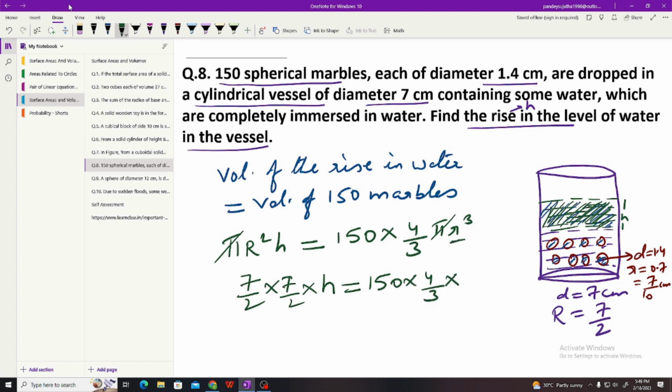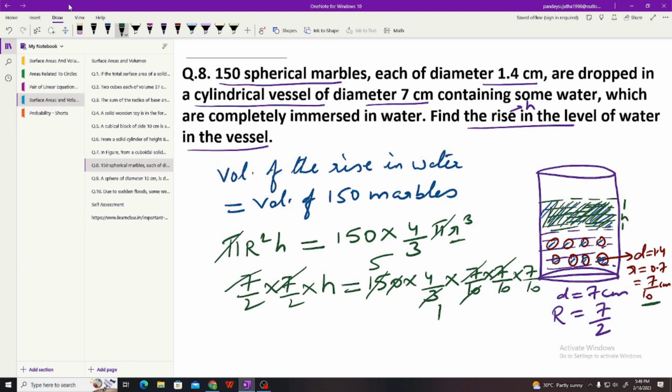In place of r cube, we are going to write 7 upon 10, because the radius of the spherical marble is 0.7, that is 7 upon 10 into 7 upon 10 into 7 upon 10. So we can cancel this 7 and this 7, this 7 and this 7, this 0 and this 0. Cancel this 15 with this 3.